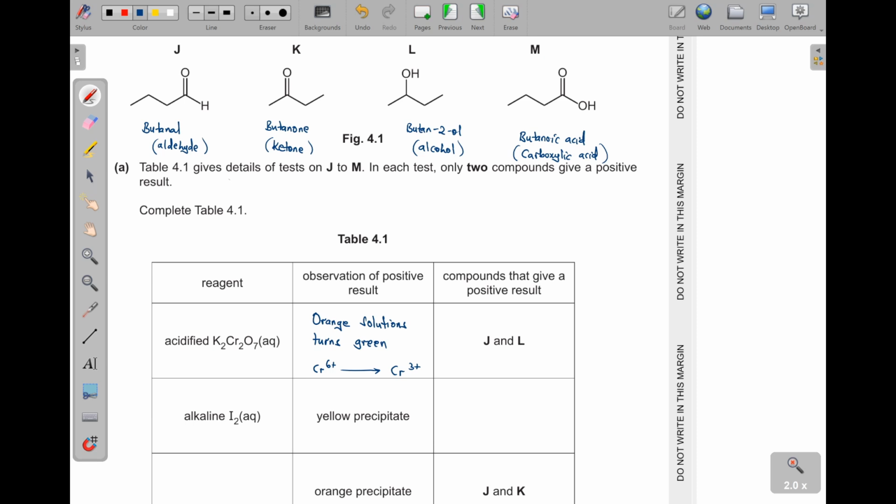So it's an oxidizing agent, so it gets reduced. The oxidation state moves from 6 to 3. So this one is orange, then this one here is the green. You see that? But you're not supposed to show this one. You just write this.